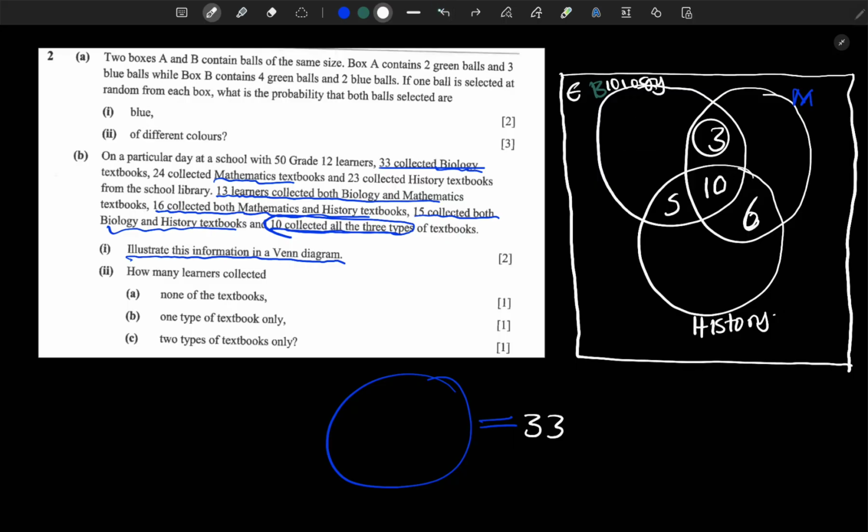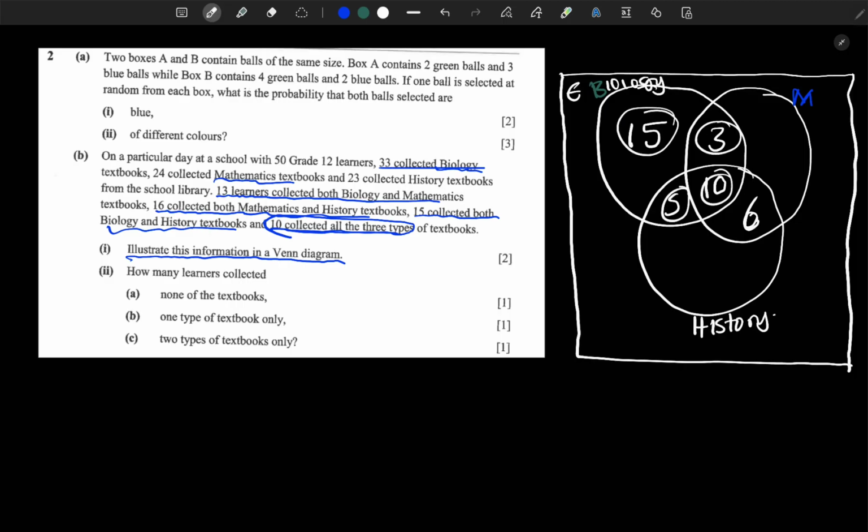So you need to make sure you remember that. Now how do we do it? I'm going to add 3 plus 10 plus 5, so I'm getting 18. Then we take 18 from 33, then I'm getting 15. So 15 is the number that I'm going to put here, so that if we add this and this it must add up to 33, since we are told biology is equal to 33.